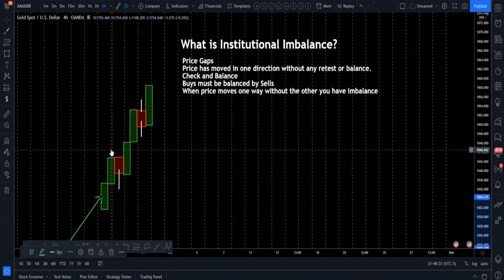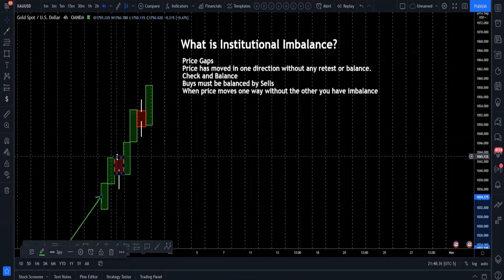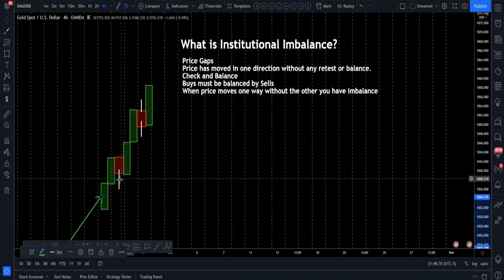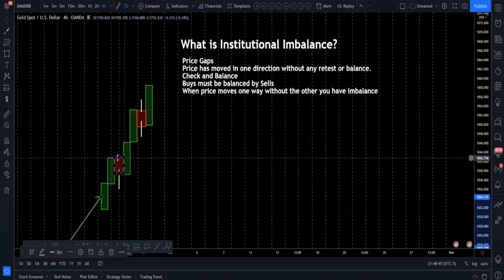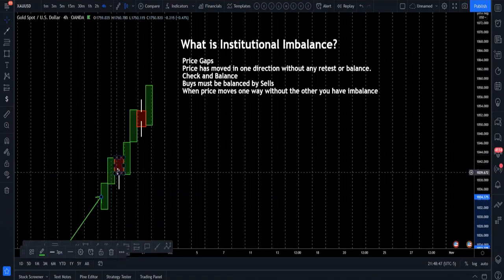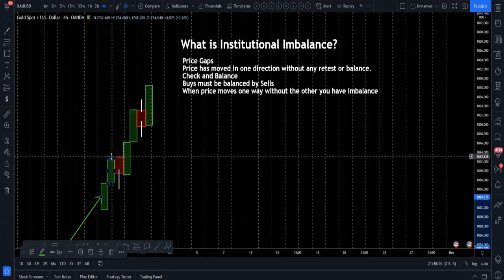Then the market wants to balance out that price movement by causing either a wick to go back into that to create some sales to balance out those buys that made price rise, or to create a downward bearish candle, which are also sales to balance out that upward price movement. They're retesting the open movement.